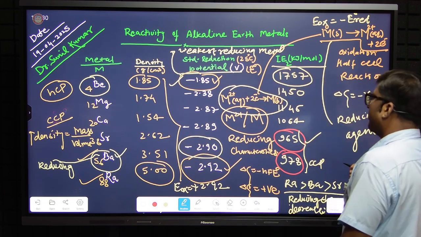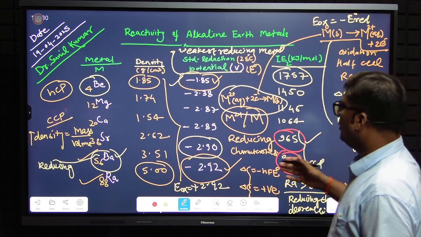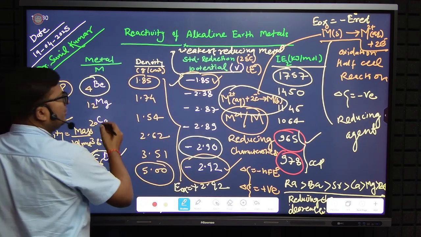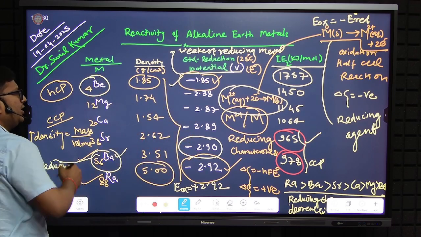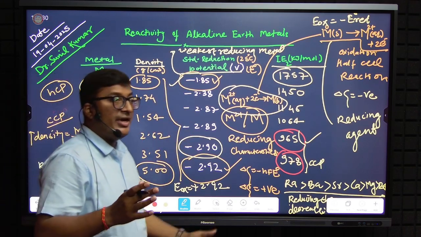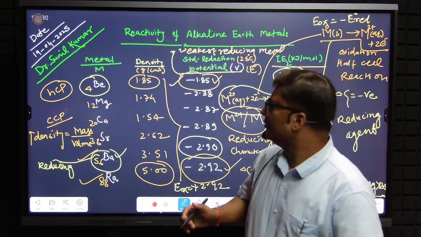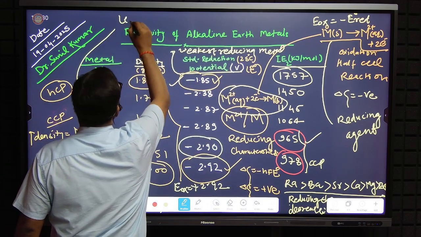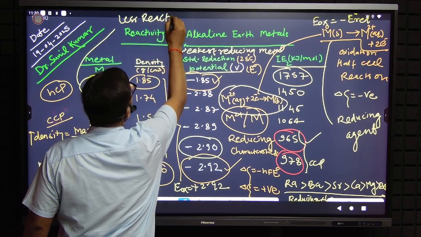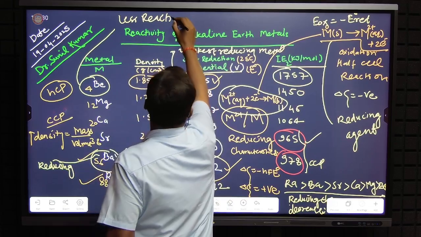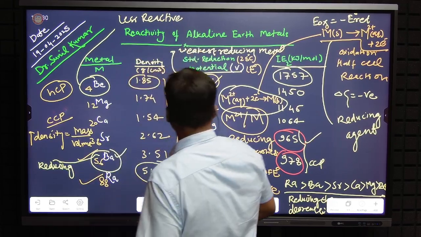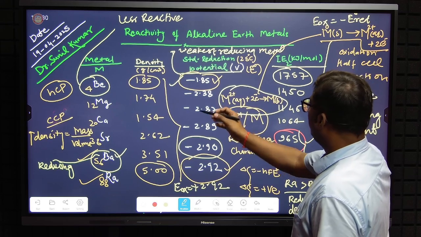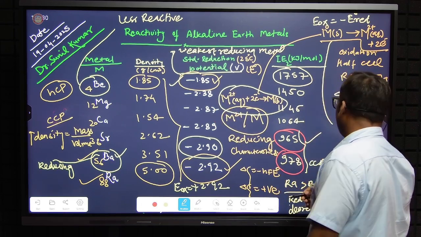It means electrons are strongly bound to the nucleus, and the ionization energy is very high in case of beryllium. So it confirms beryllium is less reactive, right? It seems beryllium is less reactive. But what about others like magnesium, calcium, strontium, and barium?